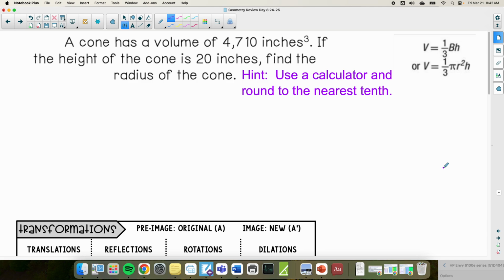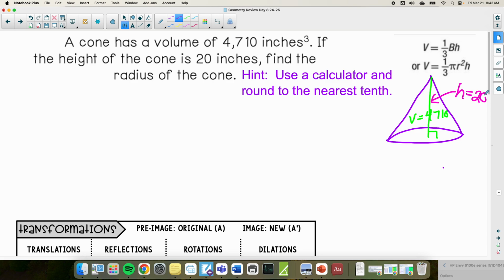Okay, so we have this cone, and in that cone, the volume is 4710, and what we do know about this is that the height is 20, okay? So the volume is 4,710.